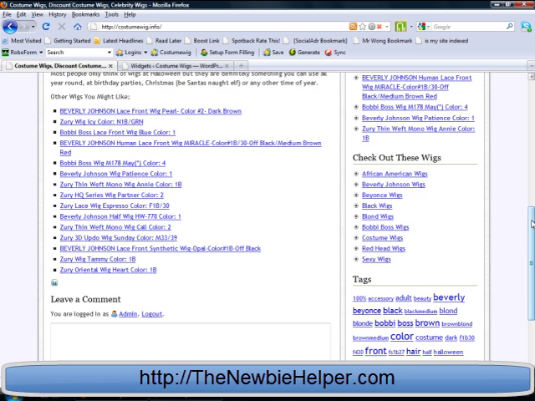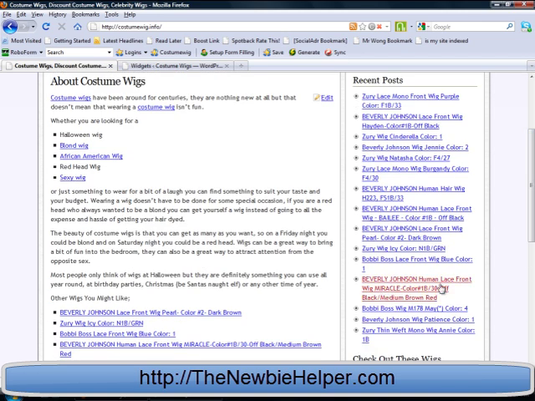Okay? Internal linking is important. Tag clouds are great. Every site should have one. I have one in the sidebar of every site I do. If you've got lots of categories, I would include those as well. Okay? Recent posts, no problem at all.